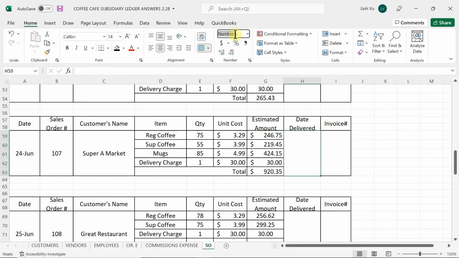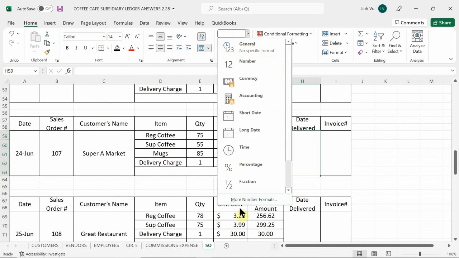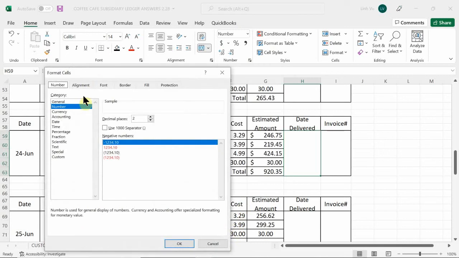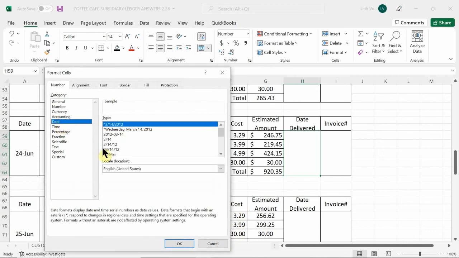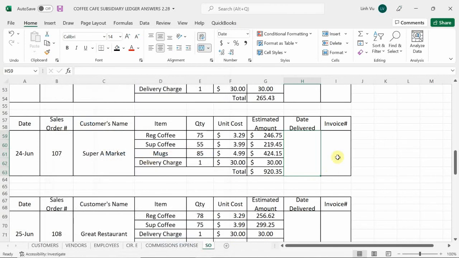So in this case, when did we deliver to Super A Market? We delivered on the 27th, and it was invoice number 107.